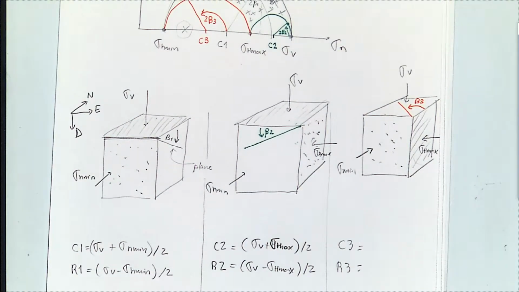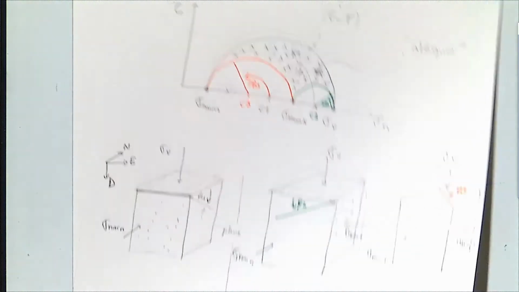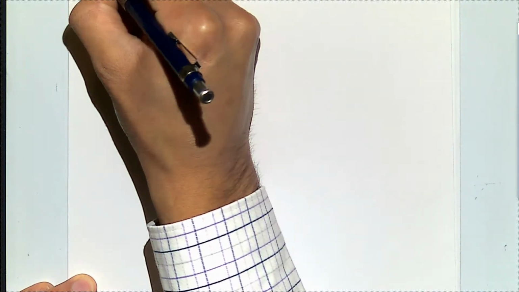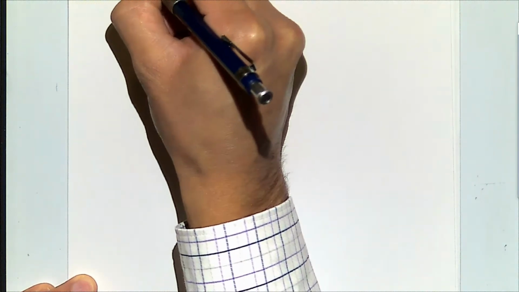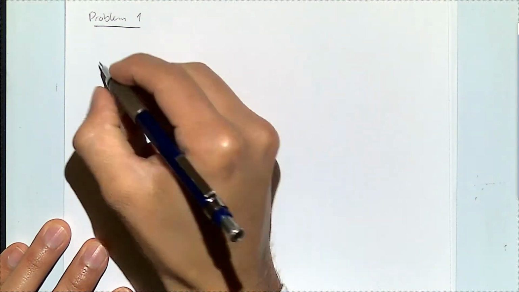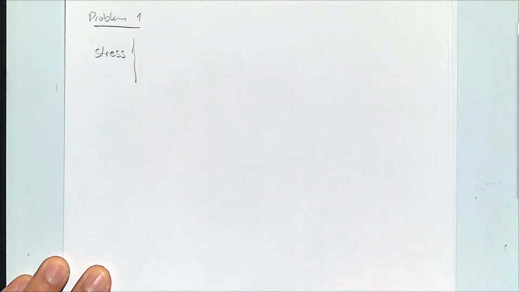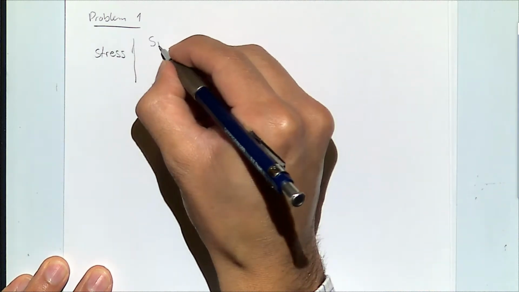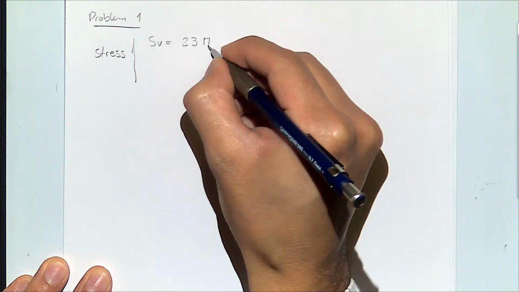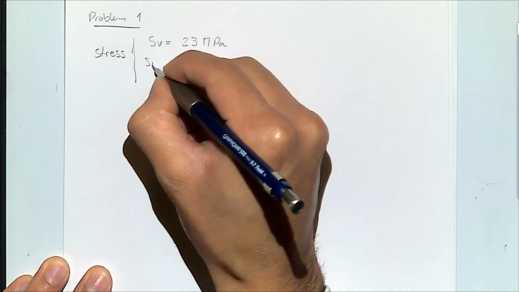Okay, so we'll go with the first example, and we'll do it step by step. All right, so this is what you know. You know the state of stress. You know vertical stress.